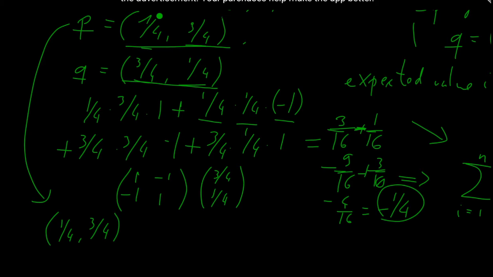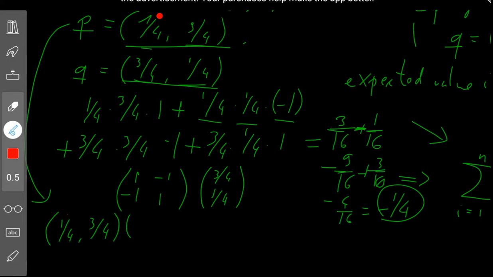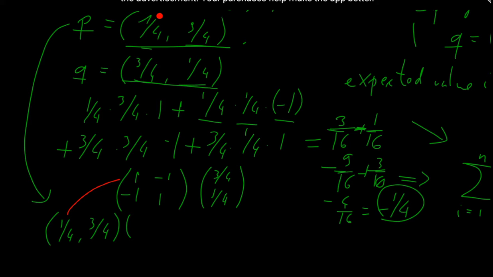That's what transposition means. So the product of these things is 1/4 times 1 plus 3/4 times -1, which is just 1/4 minus 3/4, that's -2/4, that's -1/2. And then for the other we have 1/2, because it's -1/4 plus 3/4.